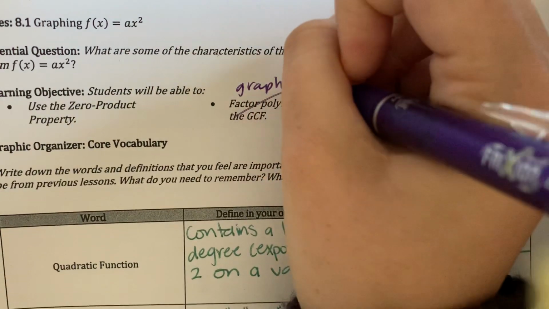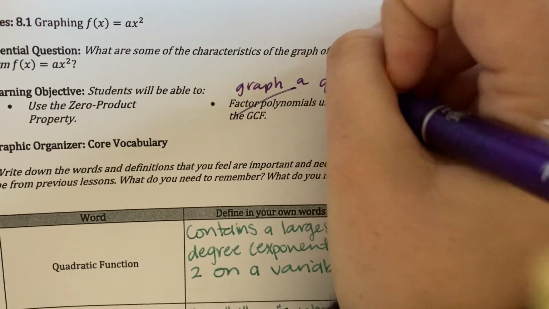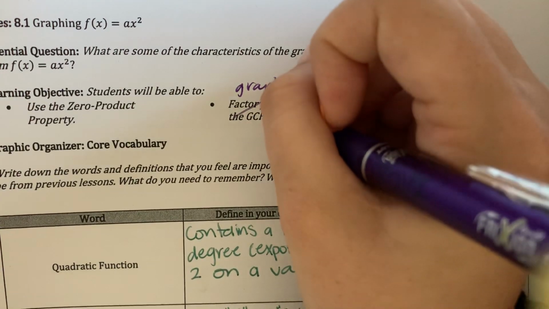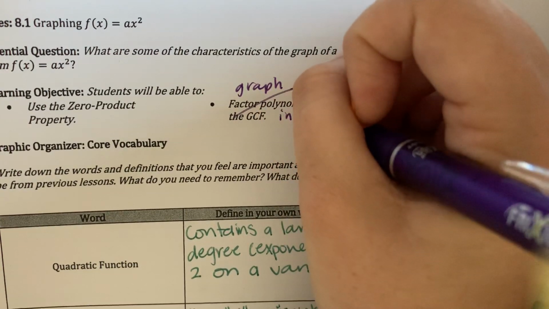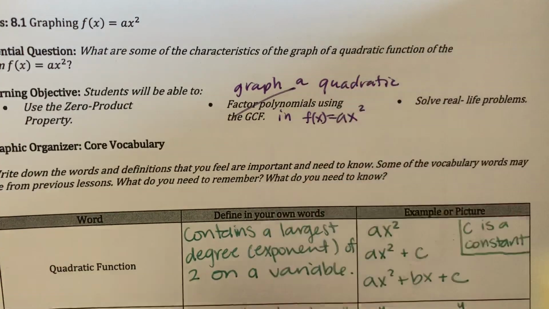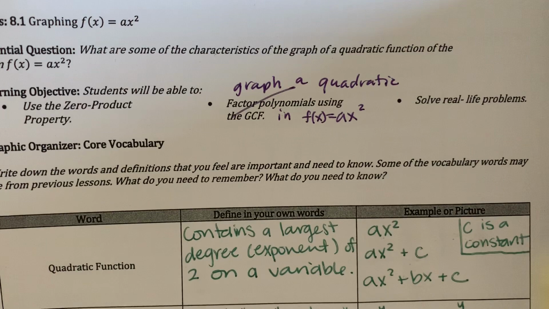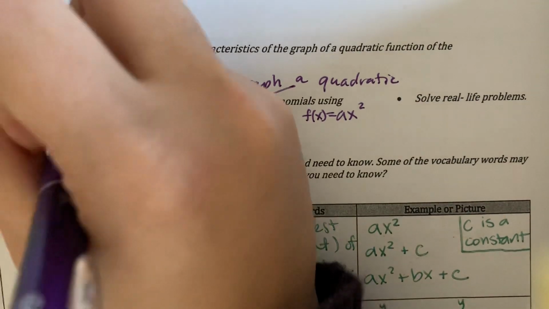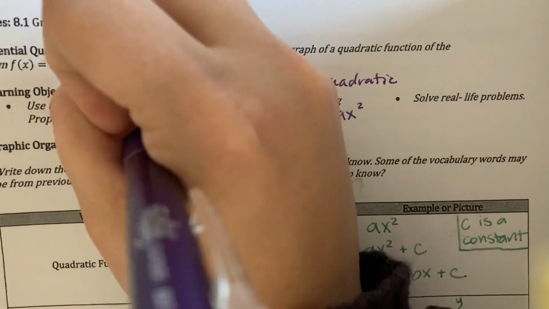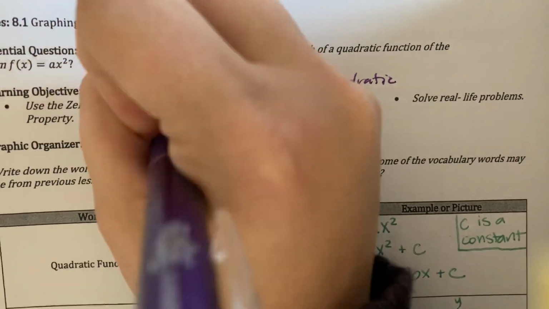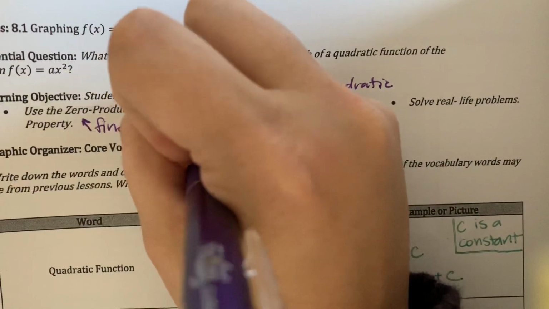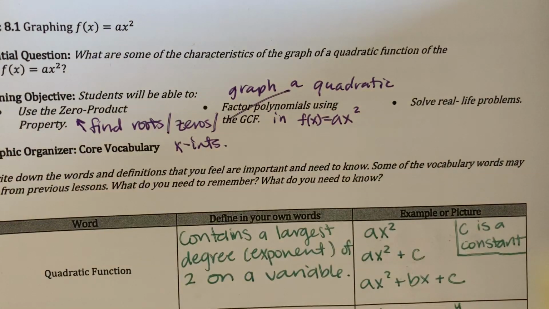Graph a quadratic in f of x equals ax squared. Okay, this one means find roots, zeros, x-intercepts. Those are all the same thing.